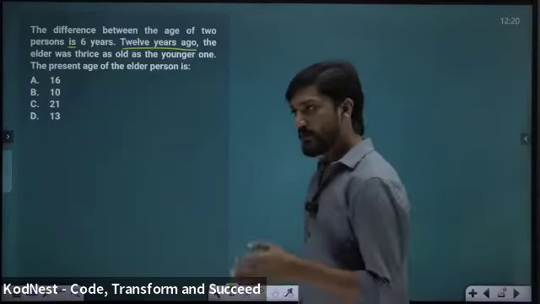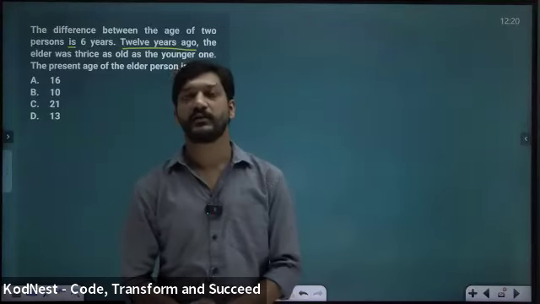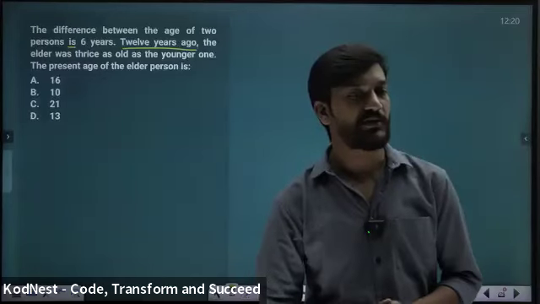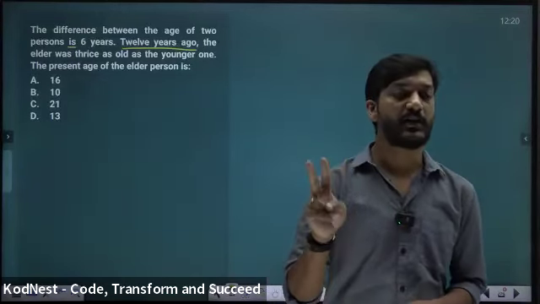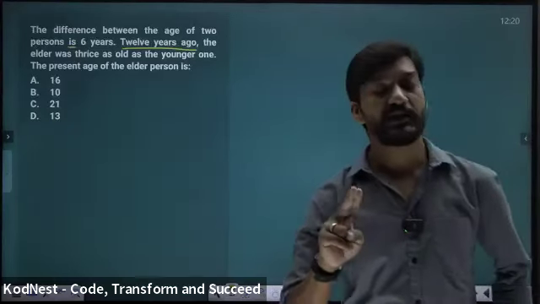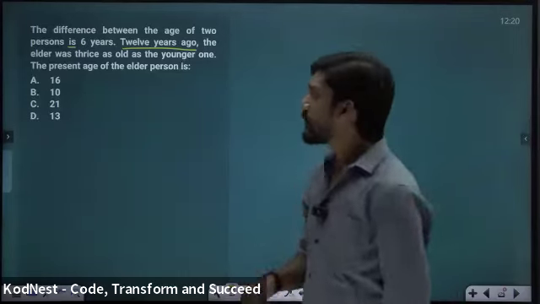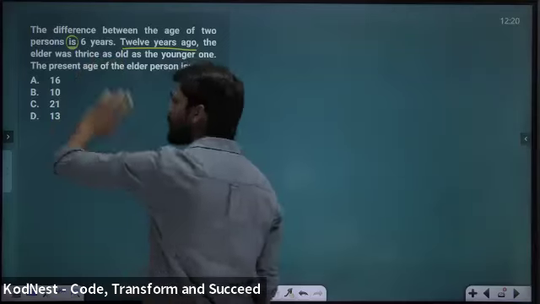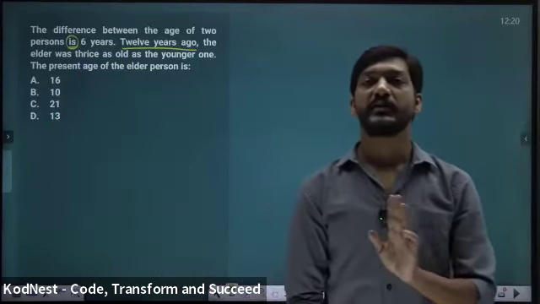So age difference between two brothers right now is 6 years. In the future, how much will be the age difference? Will it change? No. Will it change in the past? No. So my dear, age difference, if they are mentioning is, it doesn't matter. Is means present, but age difference never changes.